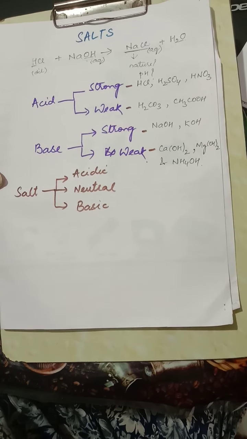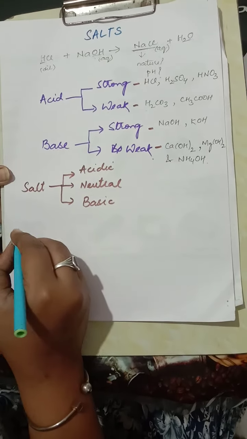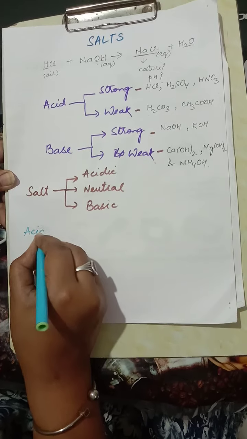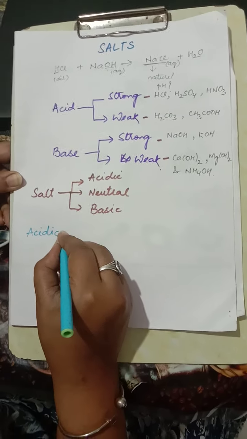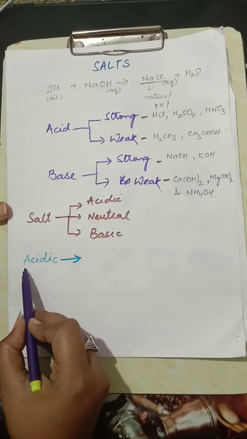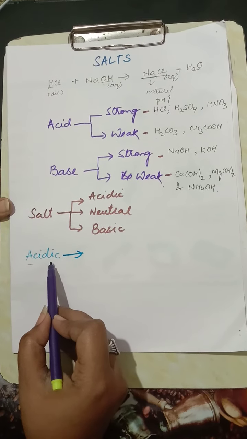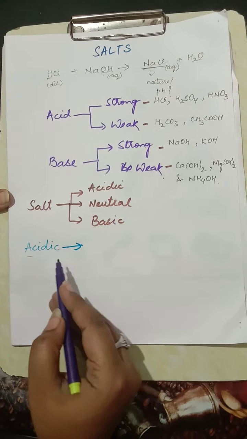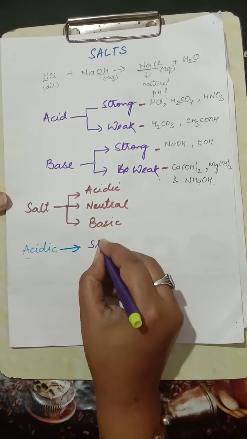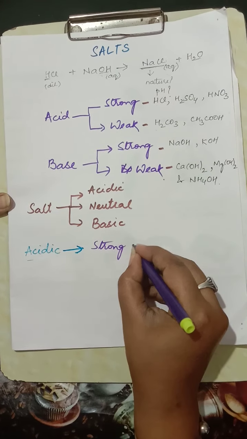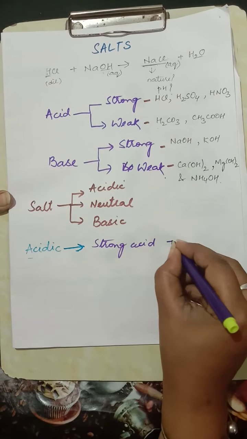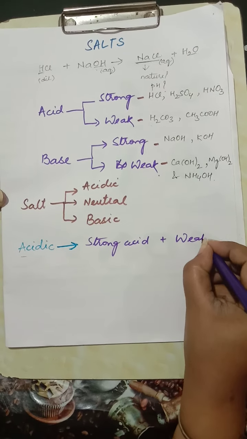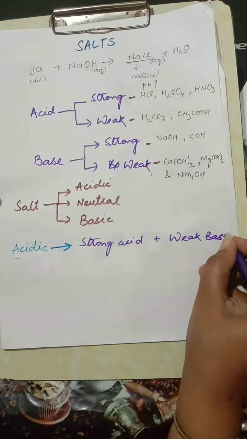Now, acidic salts. Acidic salts are formed by the reaction of strong acid and weak base.